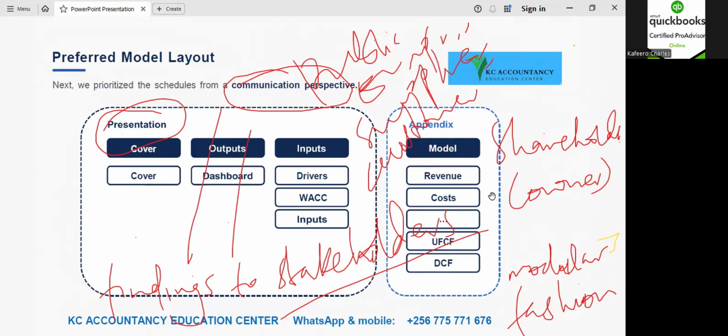So in the next video, we are going to talk about constructing models in a modular way and utilizing these building blocks to save you time in the build process. So we'll see you in the next video as we look at the building blocks.